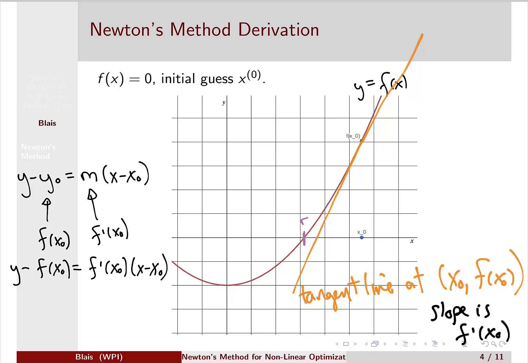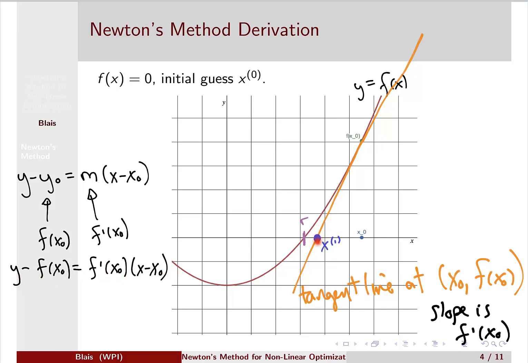What Newton's method does is, starting with this x naught as our initial guess for this root, we form this tangent line, and our next guess, defined as x1, will be the root of that tangent line. So how do we find the root of that tangent line, given that we have the equation for the tangent line here?